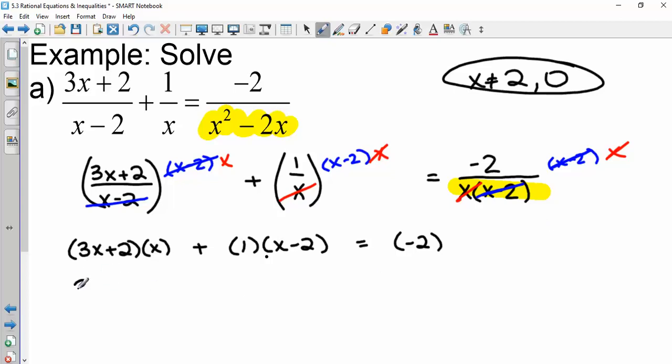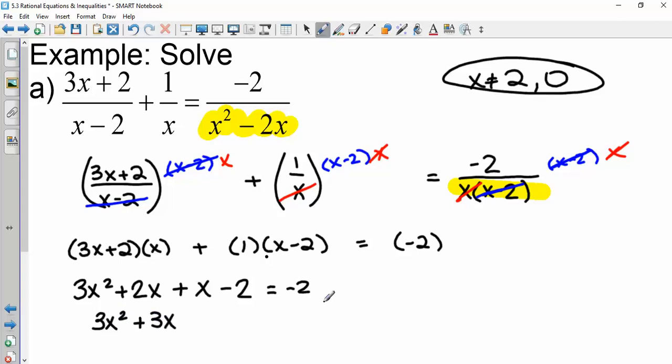We start multiplying out, we get 3x squared plus 2x plus x minus 2 equals negative 2. Combine like terms. If I add over this 2, what happens? Those cancel.